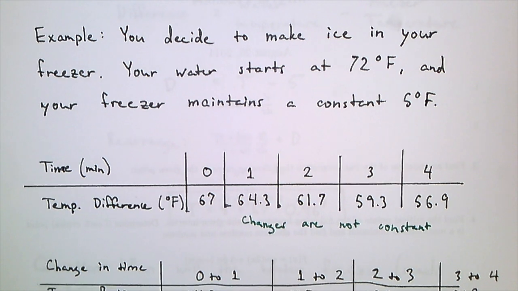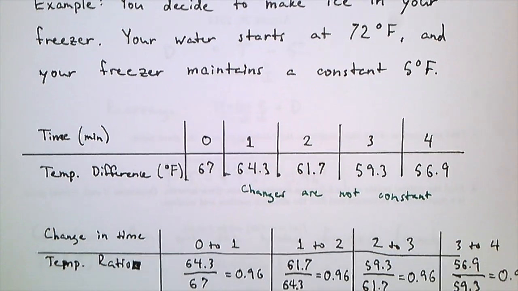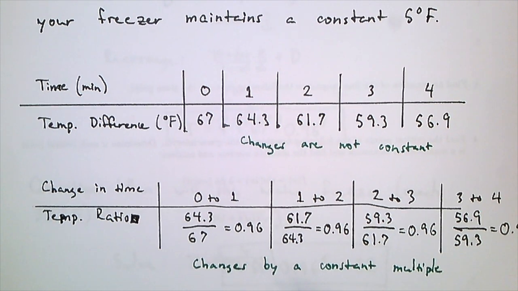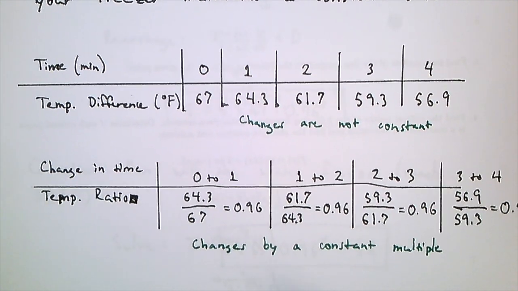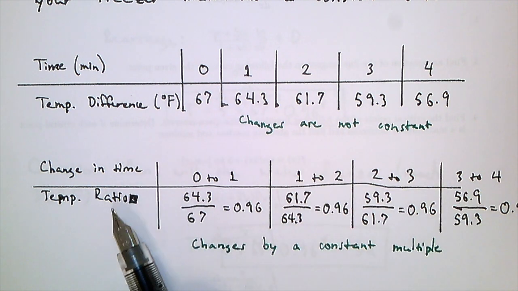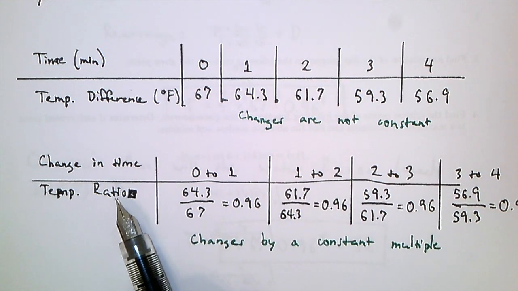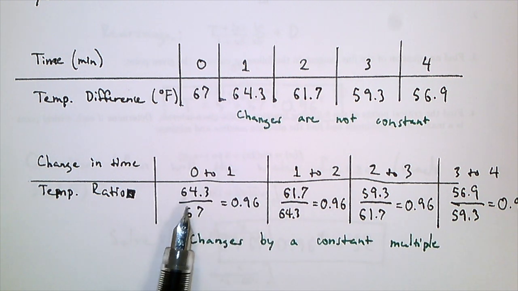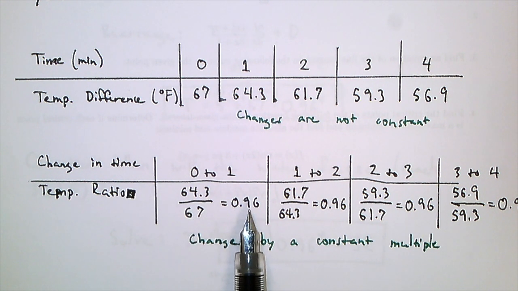So what we're going to check is the ratios of the temperature from minute to minute. So in this new table, on the first row I have the change in time, and on the second row I have the temperature ratios. So for 0 to 1 minute, I have the temperature at 1 minute divided by the temperature at 0 minutes, and I get 0.96.